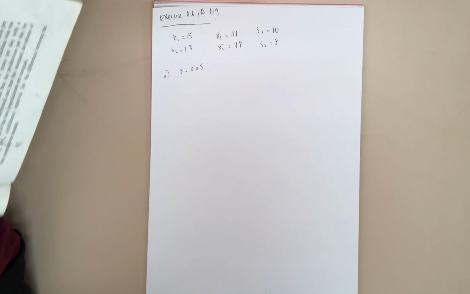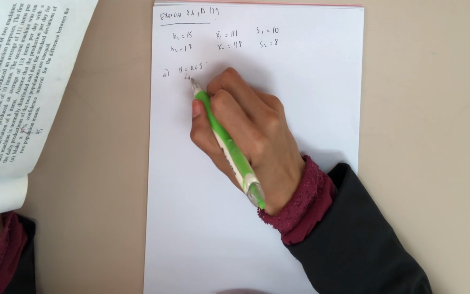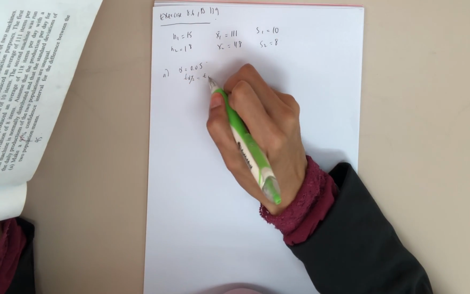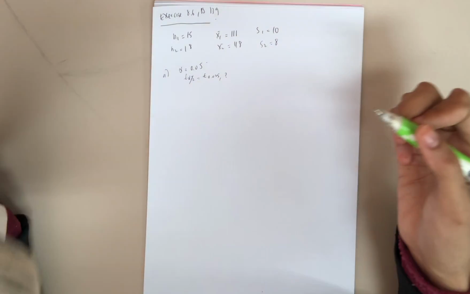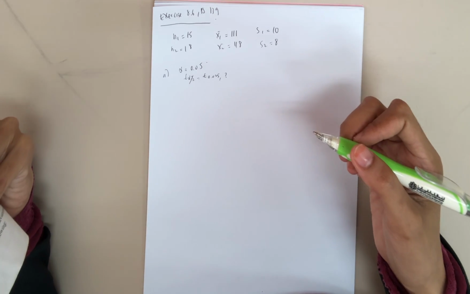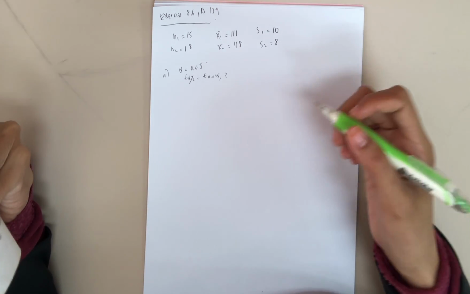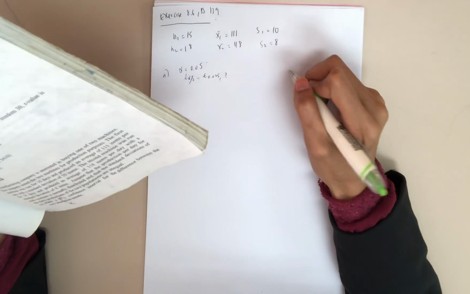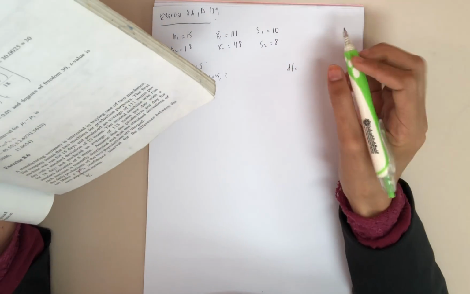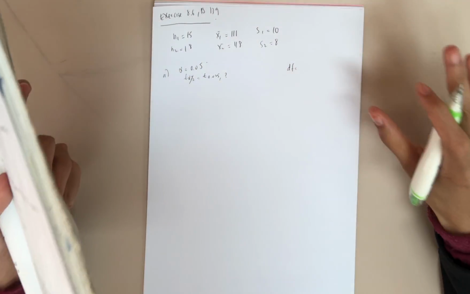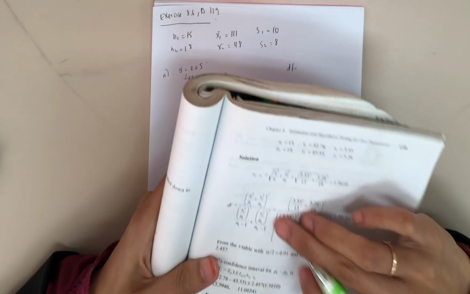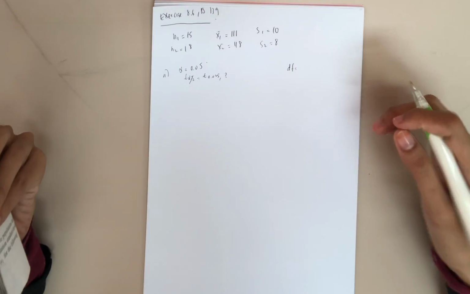So you need to find, first, t alpha over 2. So it will be t 0.025, and then of course your degree of freedom. So what is your degree of freedom here? You need to do it. I hope that you can do it; you just substitute all the values into the formula.